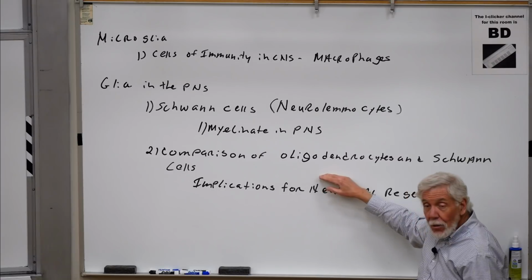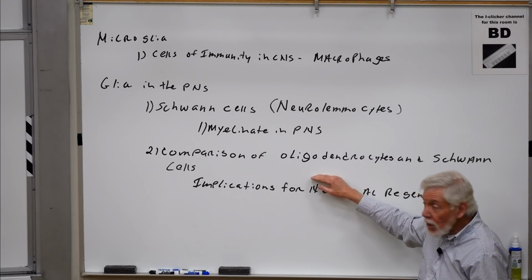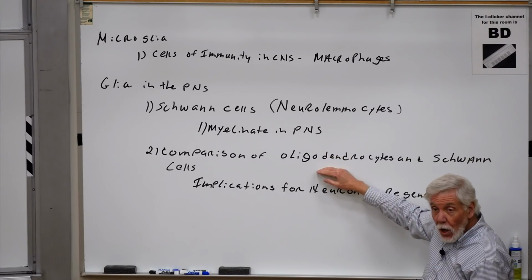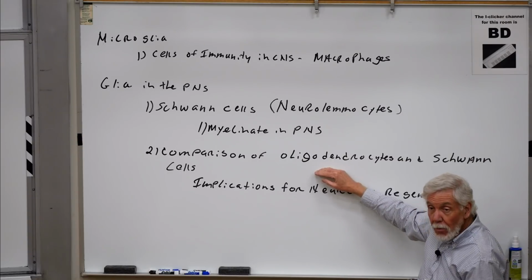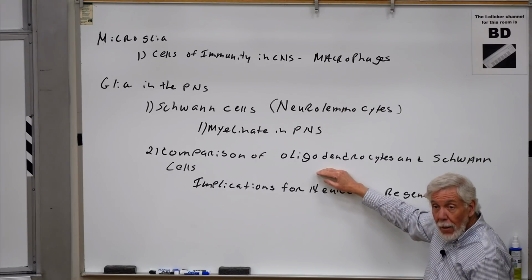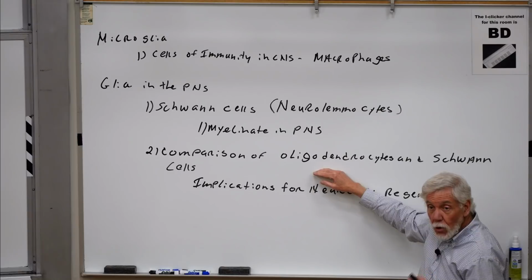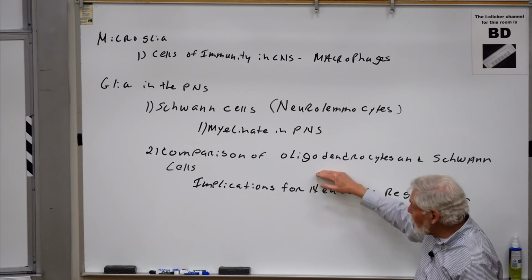But if you damage neurons in the central nervous system, they're terrible at reinnervating their old targets. And that problem is largely because there are proteins on the oligodendrocytes which inhibit growth. And this has turned out to be a big problem in trying to solve the difficulties of spinal cord trauma and spinal cord damage and getting the spinal cord to rewire to its old sites. The oligodendrocytes seem to be in the way, and there's probably a reason for that, and we'll talk a little bit about it.